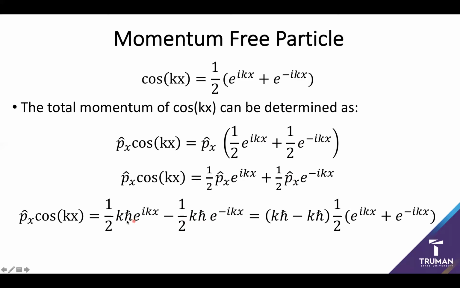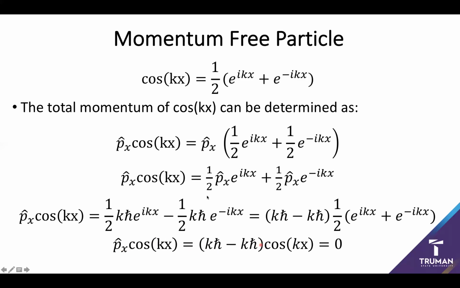I can now pull out these kh bars and leave behind 1/2 e to the ikx plus e to the negative ikx. Wait a minute, this is just cosine kx. So all I'm left with, when I apply the momentum operator, is kh bar minus kh bar.